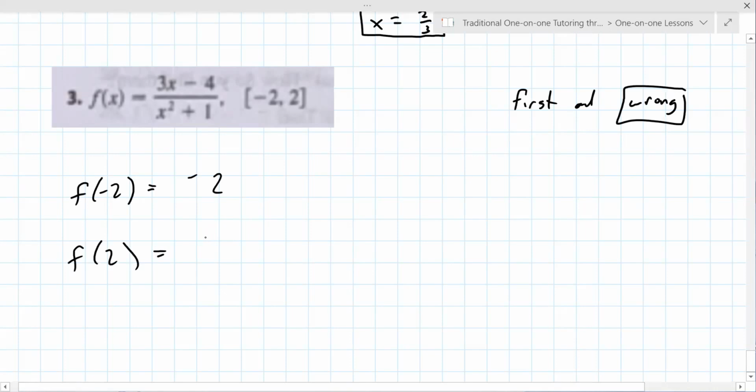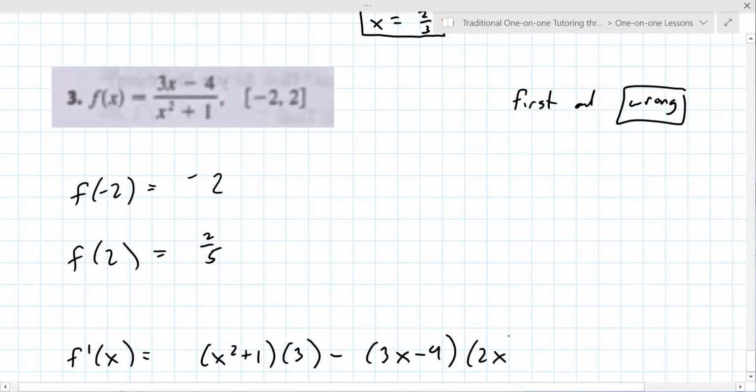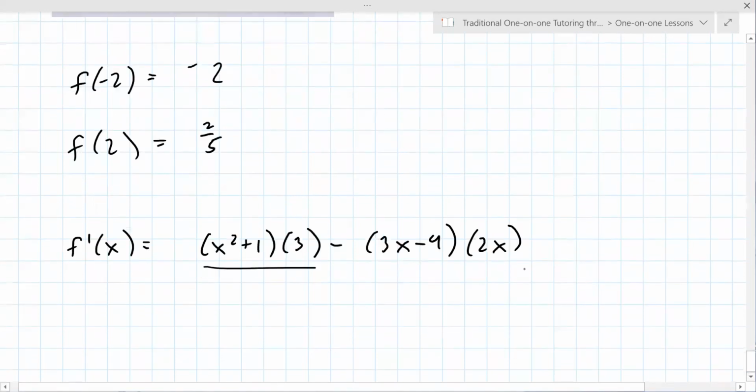This becomes 2/5 for that. Then you got to take a derivative, which hopefully you see as quotient rule. So your derivative here is bottom times the derivative of the top minus the top times the derivative of the bottom, all over the bottom squared.